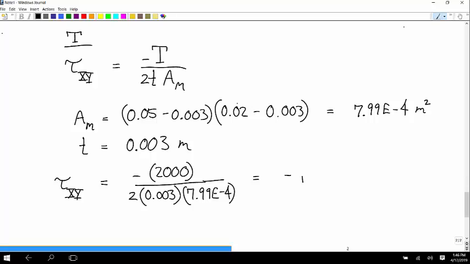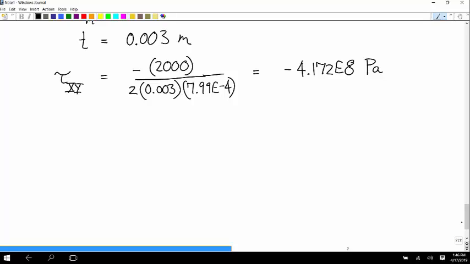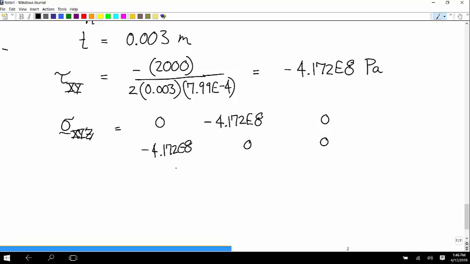And you get negative 4.172 times 10 to the eighth pascals. So in our capital coordinate system, we have 0, negative 4.172 times 10 to the eighth, 0, then negative 4.172 times 10 to the eighth, 0, 0, zeros here.